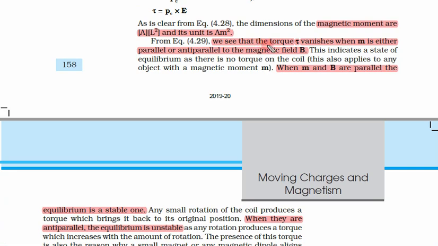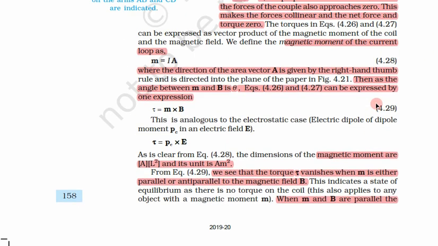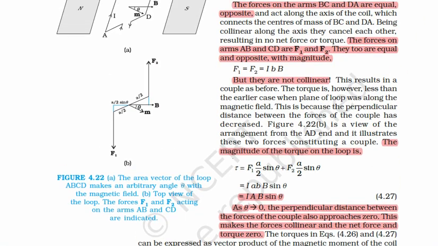We see that the torque tau vanishes when M is either parallel or anti-parallel to the magnetic field. This we have already seen. If M and B are both in the same direction, theta is equal to 0, so in that case tau is equal to 0.